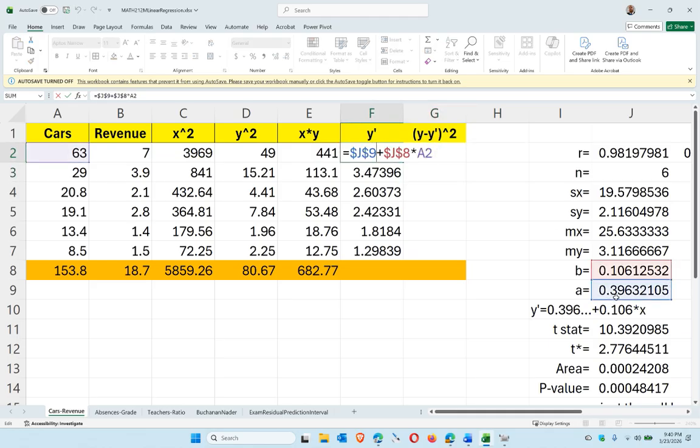Let's see here. A plus B times x. I think I got it.